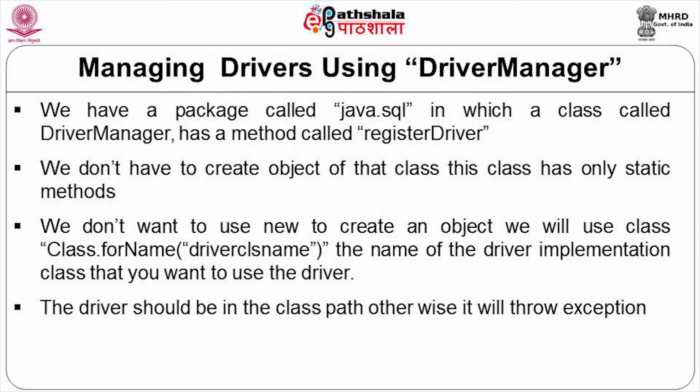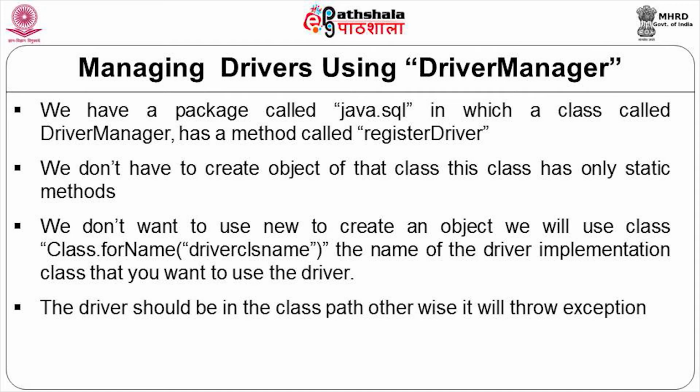One thing you need to remember here is that when we say Class.forName, whatever class name you are passing, if it is not loadable, maybe you have not kept your JDBC driver in your class path, or it's not available for some reason, it throws a ClassNotFoundException. So you either put it in a try catch or have a throws, whatever way you are managing.